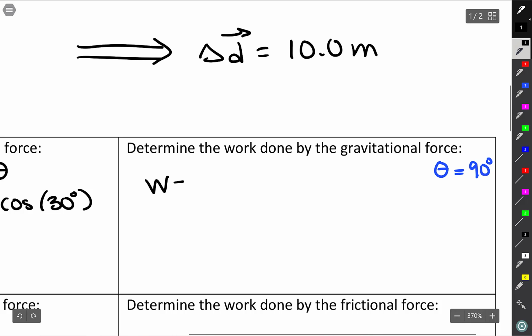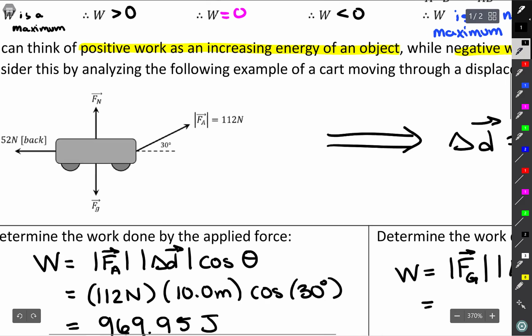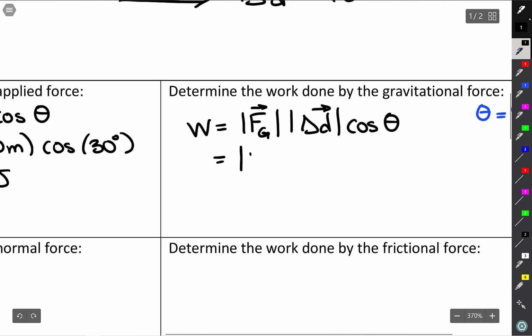So if we start working into our equation, work is equal to the magnitude of the gravitational force multiplied by the displacement, cosine of the angle. We could go ahead and calculate the force due to gravity, but we don't really know the mass of the cart, so I'm just going to write the magnitude of Fg again.